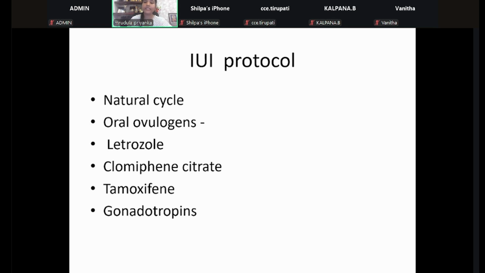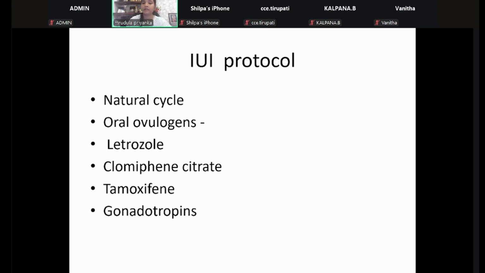So it decreases the levels of estrogen in the body, which reduces the negative feedback on the HPO axis, thereby increasing the gonadotropin releasing hormone and gonadotropins. Thereby, these gonadotropins stimulate the ovary to develop follicles.